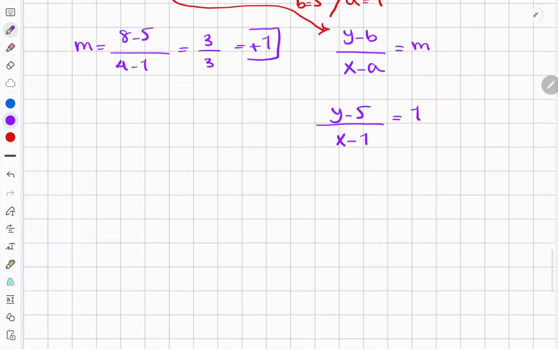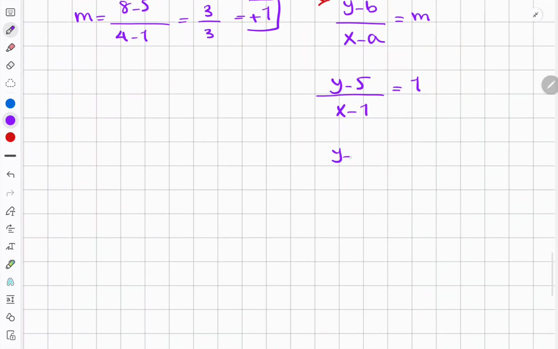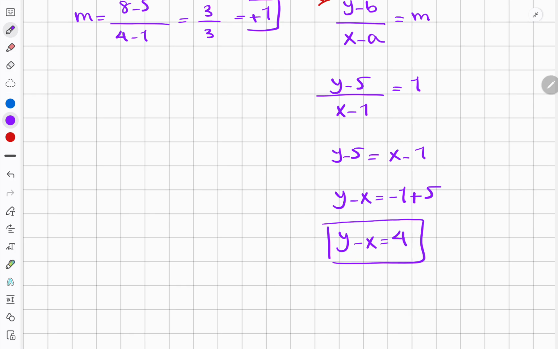So I'm going to simplify this equation. Y minus 5 equals x minus 1. So y minus x equals -1 plus 5. So this is the equation. In fact, this is in general form.